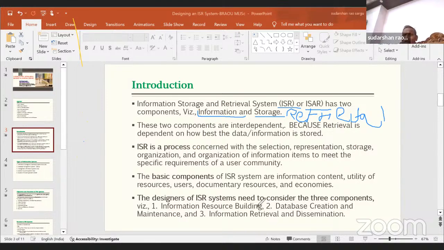So depending on your organization's users, you have to build the resources in that particular discipline, in that particular subject. Then, of course, you have to create a database, index, etc., and maintain them properly. Those documents which have been removed, remove the information from there.